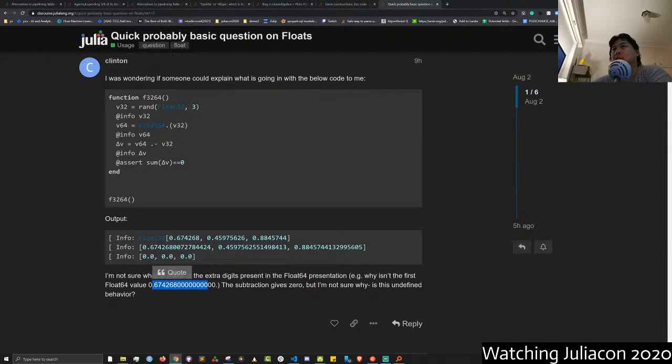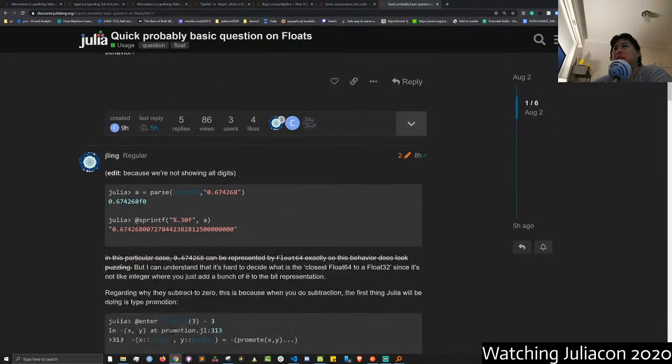The subtraction gives 0. Oh, so the question is, when you do the info on 32, why does it print less? Oh, why does it print this?